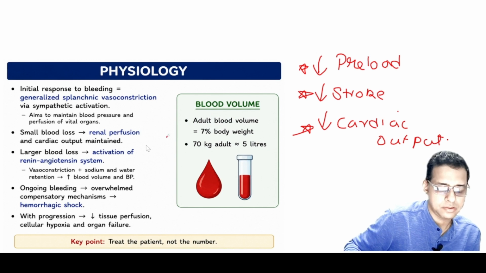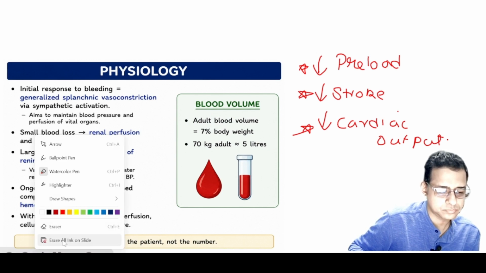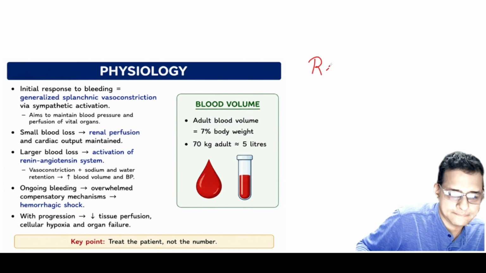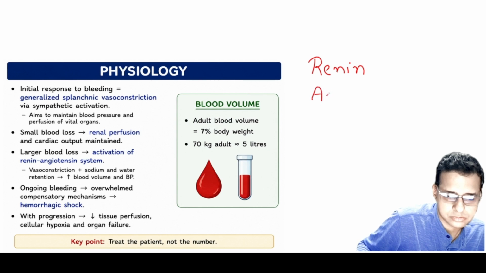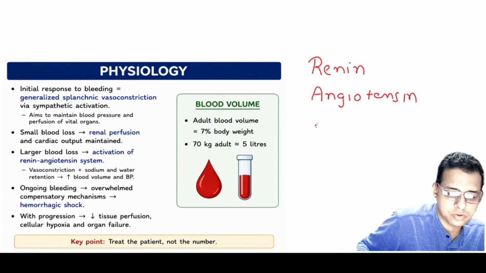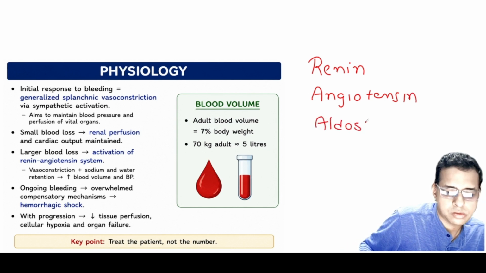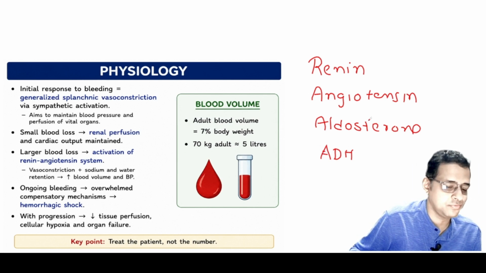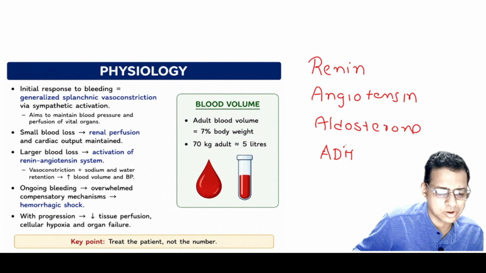Another set you have to know: renin, angiotensin, aldosterone, and ADH. ADH is antidiuretic hormone. These four are released to conserve the fluid.